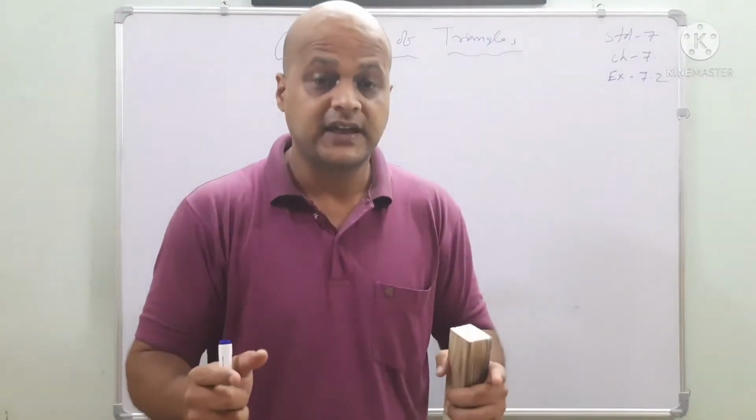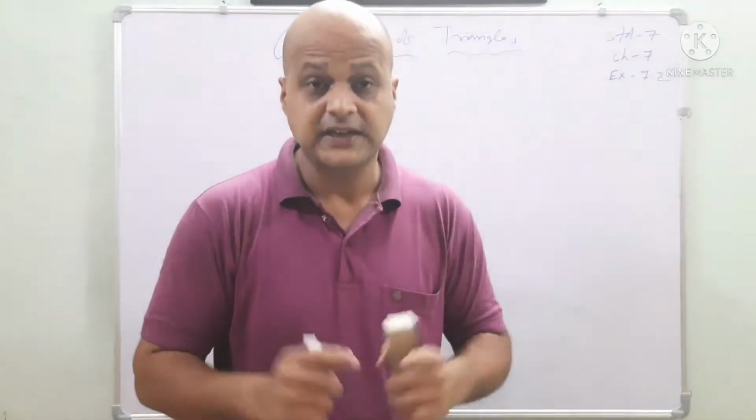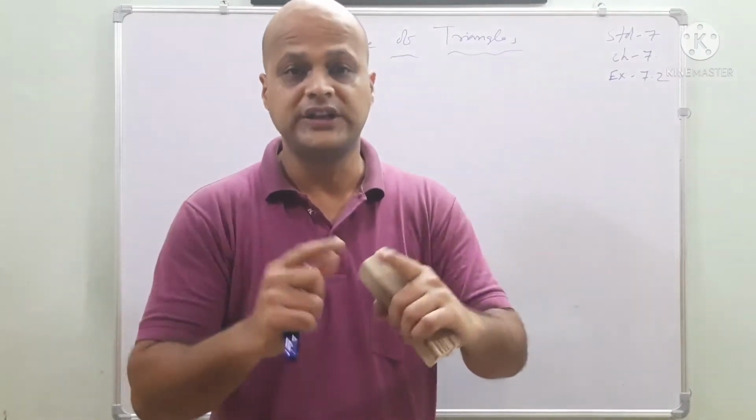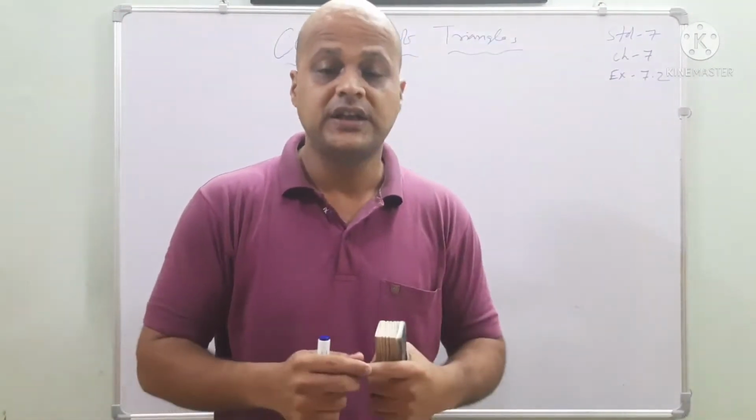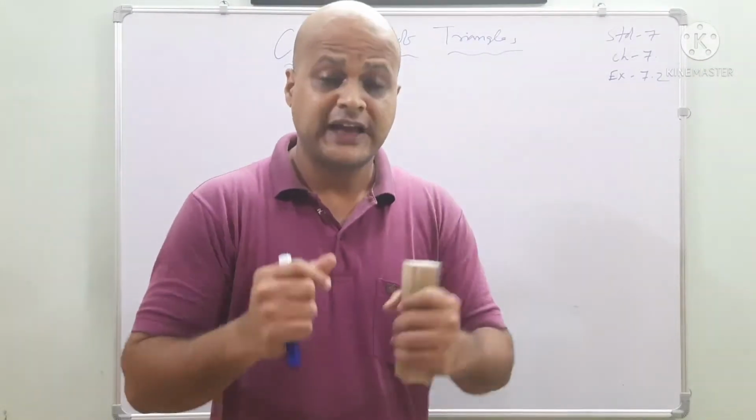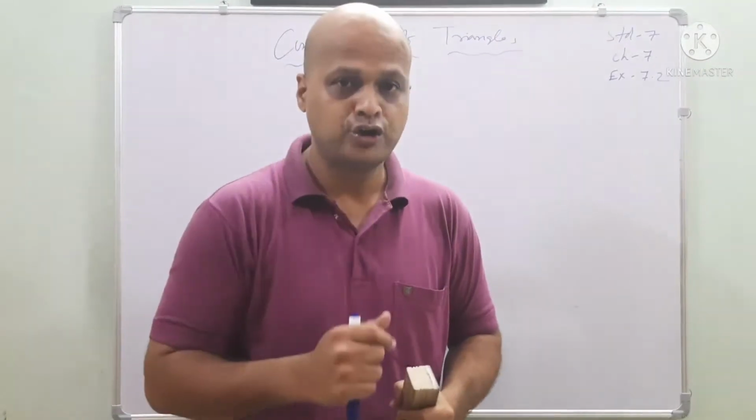If two triangles are given, then we will say that these two triangles are congruent with each other, making relations with each other. For that, we need two triangles.